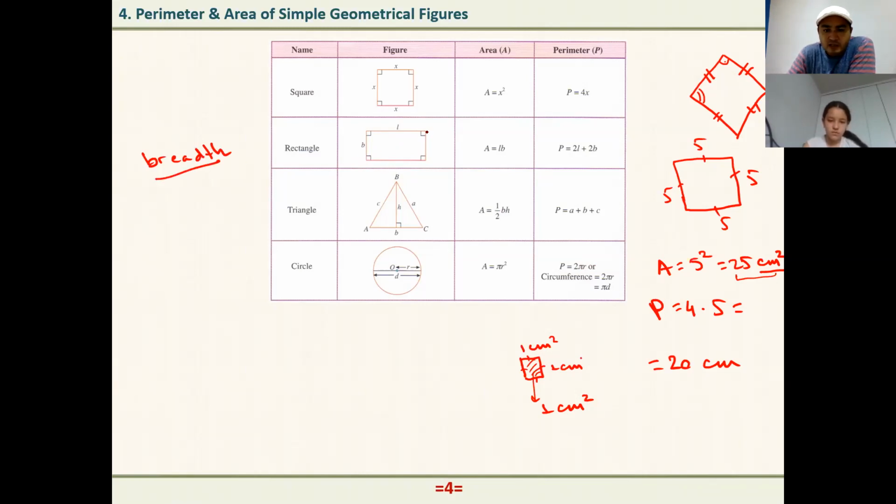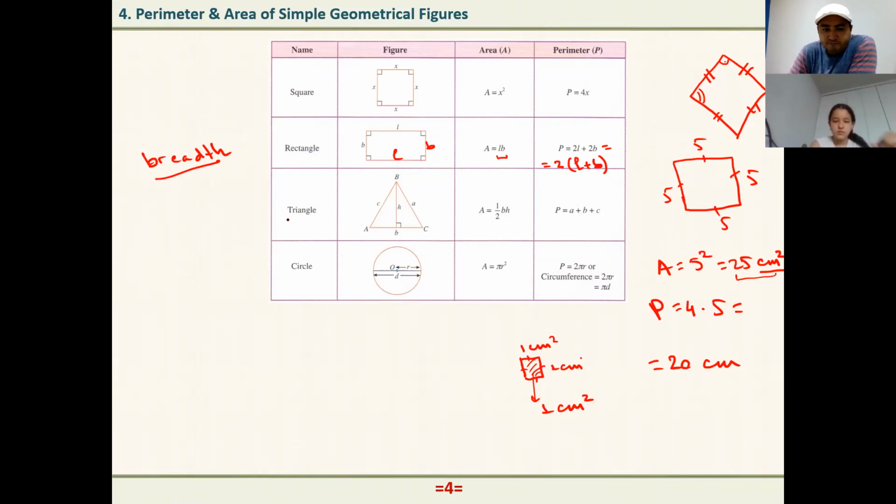So if you multiply length by breadth, it gives us the area of this rectangle. So the area of the rectangle is length times breadth. And how about the perimeter? Perimeter is L plus breadth plus L plus breadth. That means 2B plus 2L. Or even if you just take this 2 out, then we will have this formula, 2 times (length plus breadth), in a simpler form.